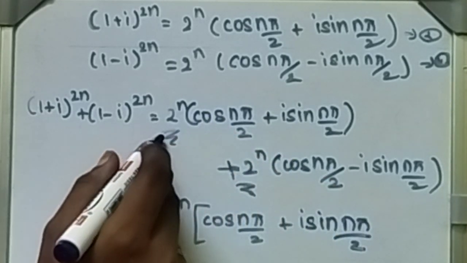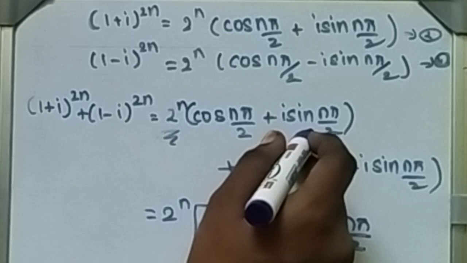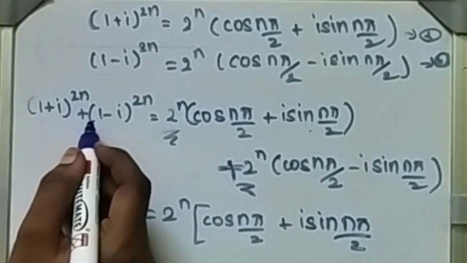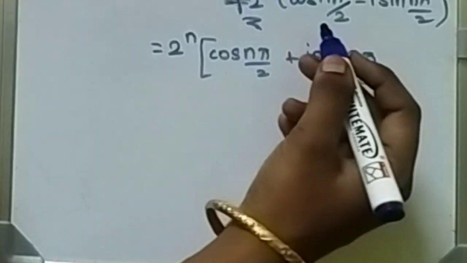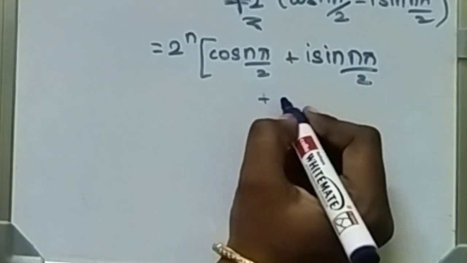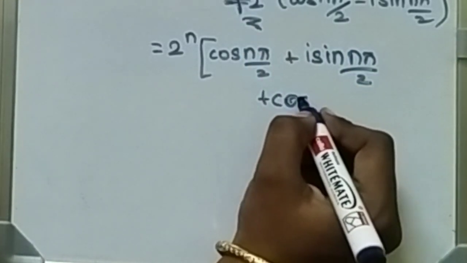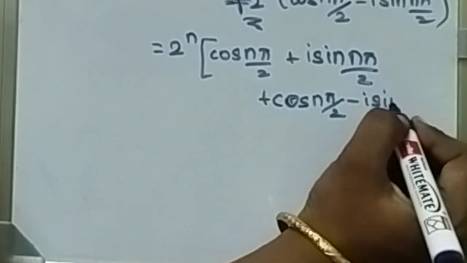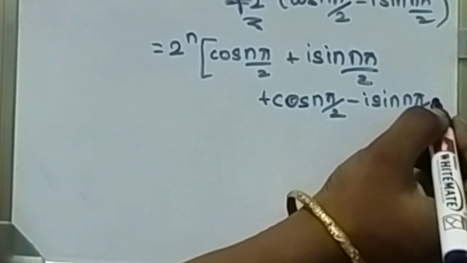When we take this term out, it will remain cos(nπ/2) and sin(nπ/2). What is in between these two? We are adding this. It is a plus sign. So this side also remains the same. So plus cos(nπ/2) - i sin(nπ/2).